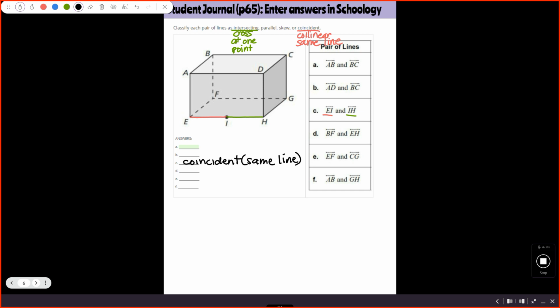Okay, so now that we learned about parallel lines and skew lines, we're going to learn about angles that they form. Let me share my screen. Everybody must have received a paper.